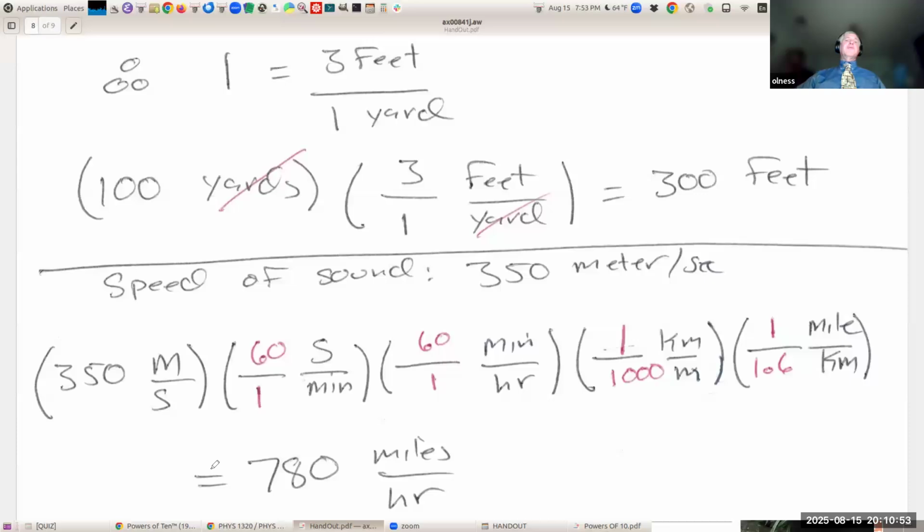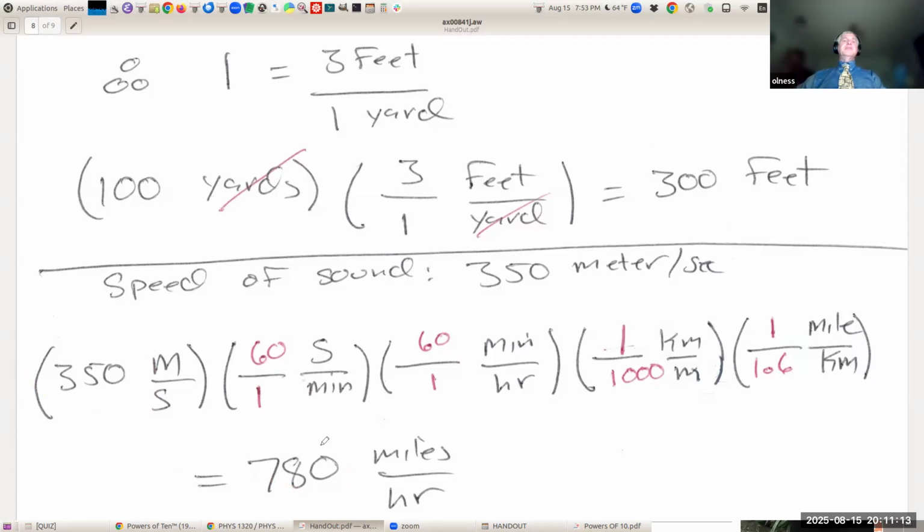Okay. And then you can go back the other way. If you say 700 miles an hour-ish is about 350 meters per second. And so now if I tell you I'm driving down the highway at 60 miles per hour, what is that in meters per second? Well, you know it's a factor of two.